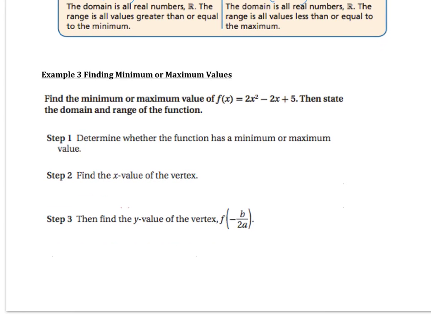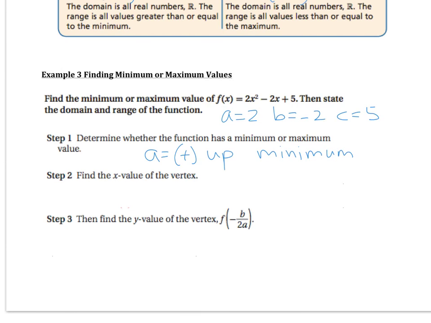So let's try that. We have a function in standard form. A is 2, b is negative 2, c is 5. First we determine if it has a min or a max. A is positive, so it opens up, so it has a minimum.